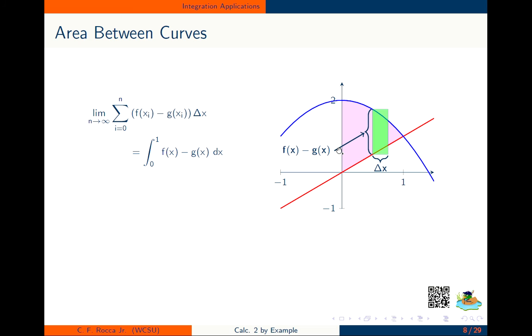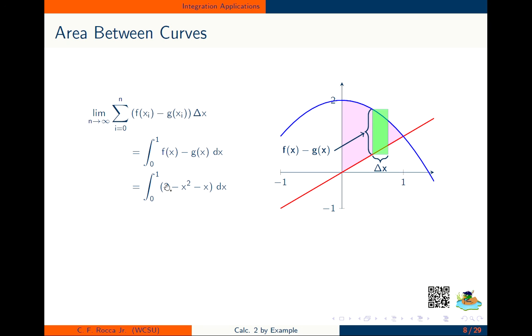In this case, it would be my making all the rectangles thinner and thinner and thinner so that we have more and more of them to get a better and better approximation. And when we take the limit of that process, we get this definite integral, which will give us the area exactly. Okay? So this is how we can find the area between two curves. And this isn't a specific example, but it does give you the idea of how to approach this.